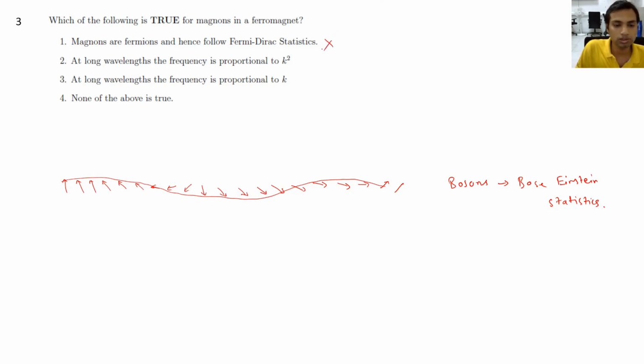At long wavelengths, the frequency is proportional to k square. So if you calculate the dispersion relation, it turns out to be h bar omega equals JS times (1 minus cos ka).